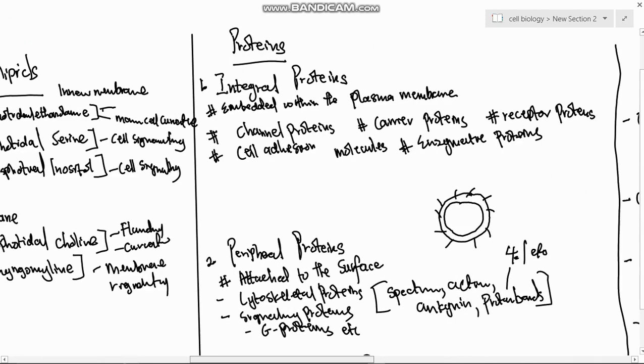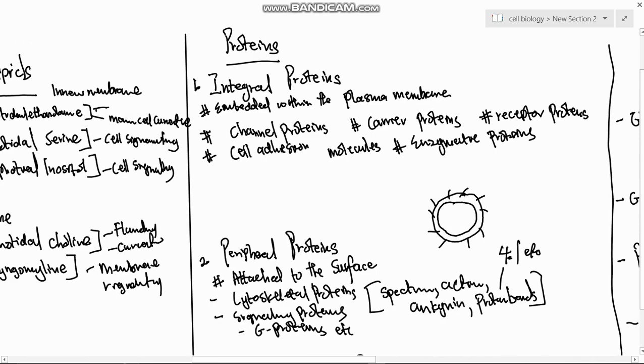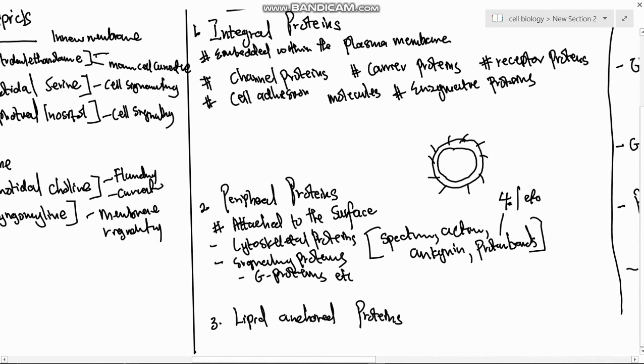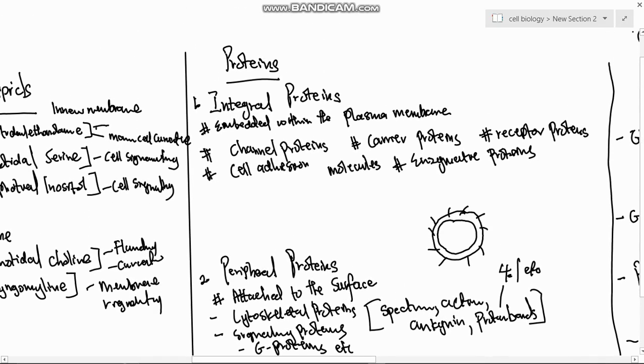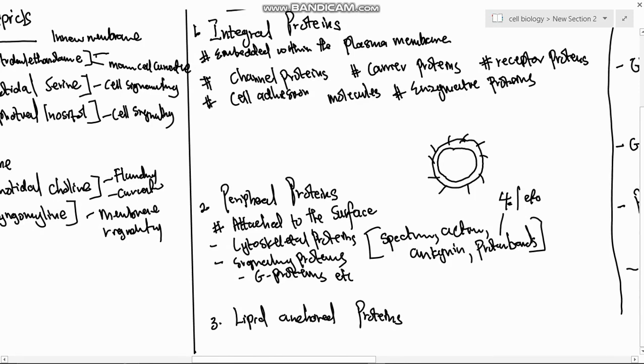Then we came to proteins: the integral proteins, the peripheral proteins, and the lipid anchored proteins. The integral proteins are embedded within the membrane, for example channel proteins, carrier proteins, receptor proteins, cell adhesion molecules, and enzymatic proteins. For peripheral proteins, we talked about the cytoskeletal proteins, spectrin, actin, anchoring proteins, and band proteins, and also signaling proteins.